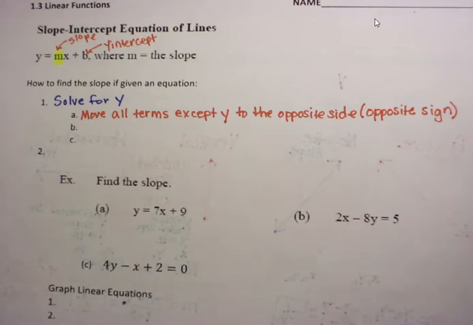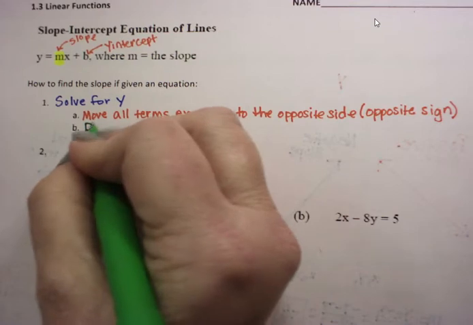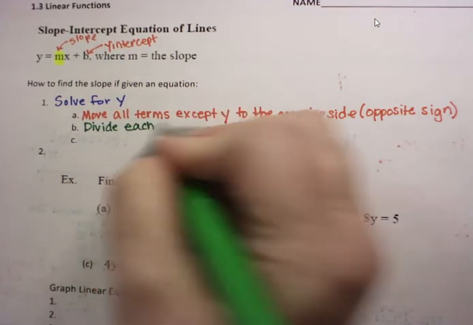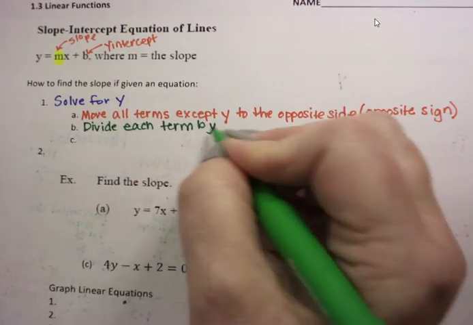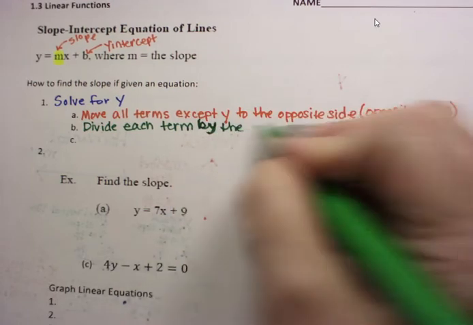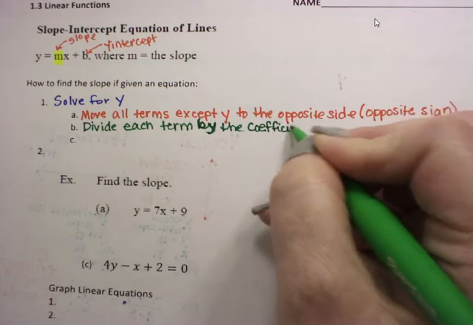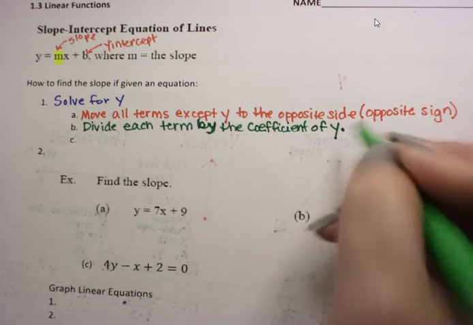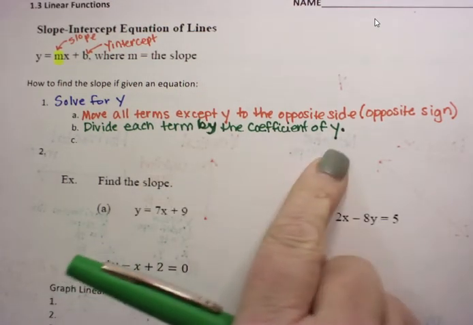All right, now once you do that, you're going to divide each term by the coefficient of y.